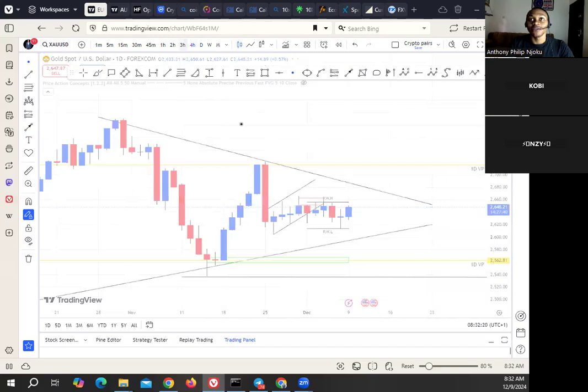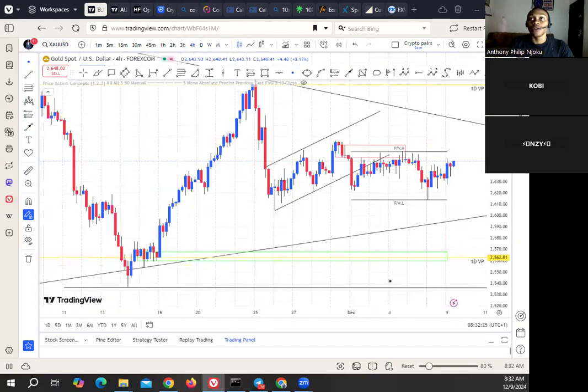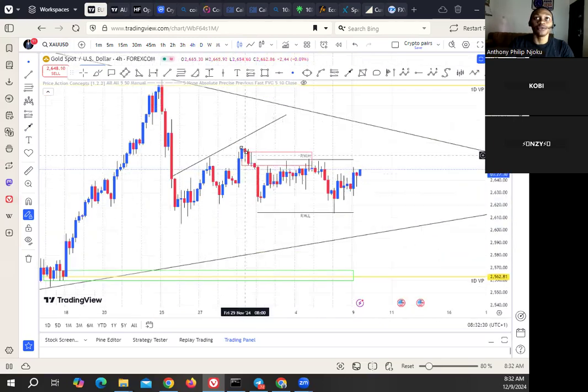So we go to the 4 hours time frame. Here on the 4 hours time frame, what do we see? Let me delete this line so we get a much clearer picture.